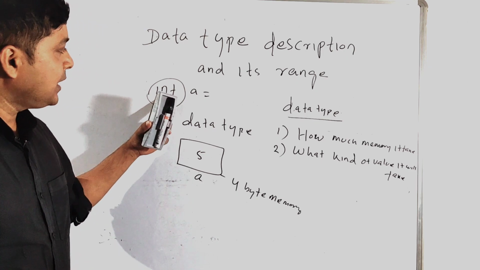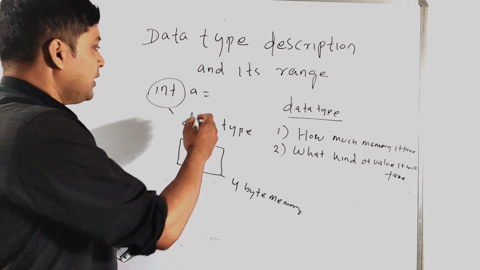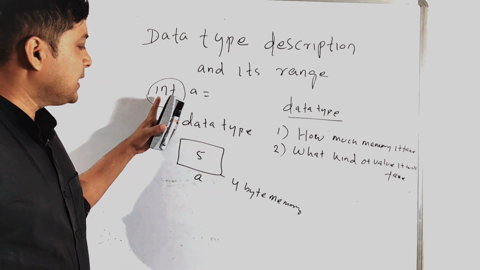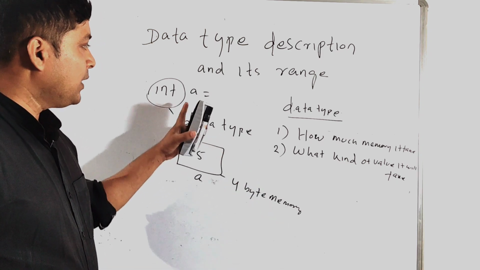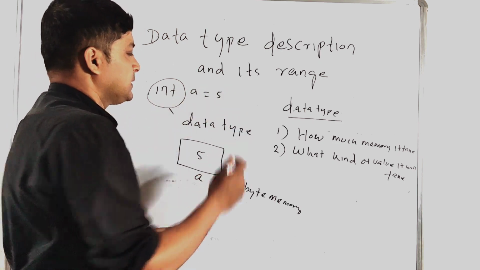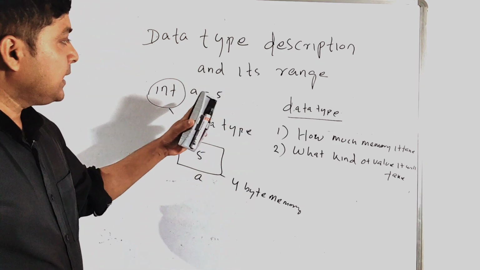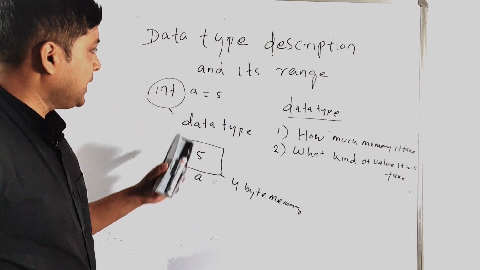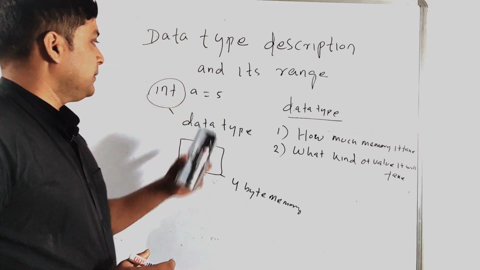That means suppose I am writing int a. Writing int indicates that it will store 4 bytes of memory, and the kind of value is a round figure value, meaning 5, 6, 7, 8, 9, 10. So we can accept round figure values, and we can take any such value in the integer data type.